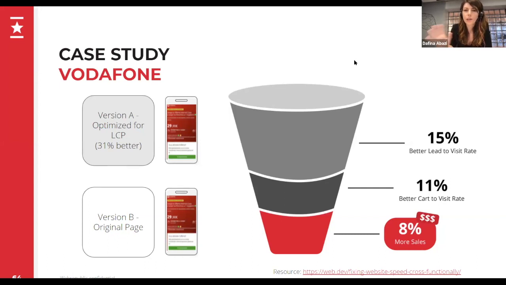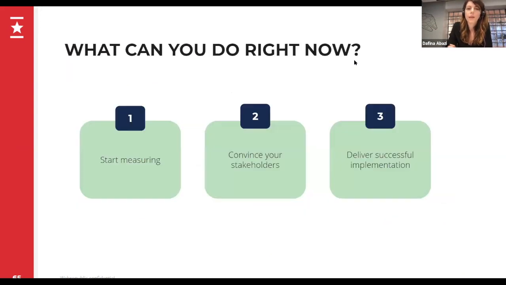Looking at the result on the right-hand side, we can see that they are pretty surprising. They saw 15% more users converting as a successful lead, followed by 11% more users visiting the checkout funnel, and eventually 8% more sales.